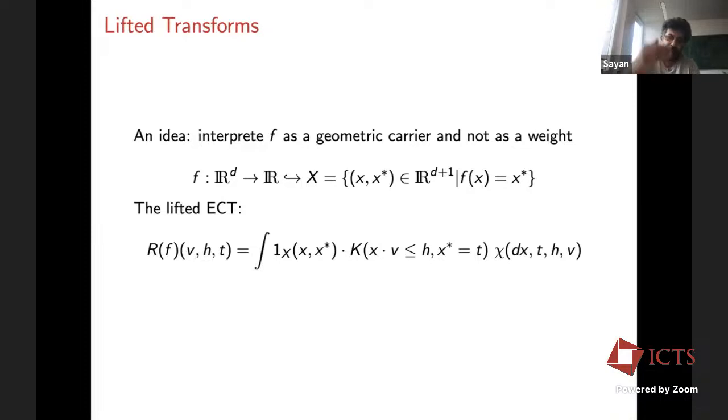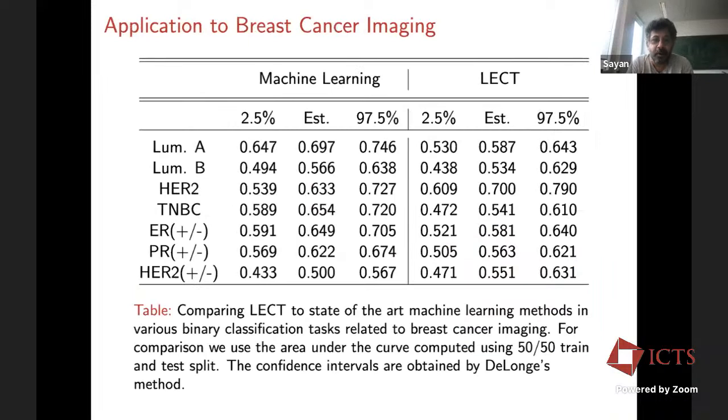You filter over directions and you filter over the value, right? Because these are no longer shapes, they're fields, you filter over both. And what I wanted to show you is we actually applied this to a breast cancer data set. On the left is a deep neural network that was very, very fine-tuned. And on the right is what we call the lifted Euler characteristic transform with just a straight up Gaussian process. And the point is the results are very comparable.